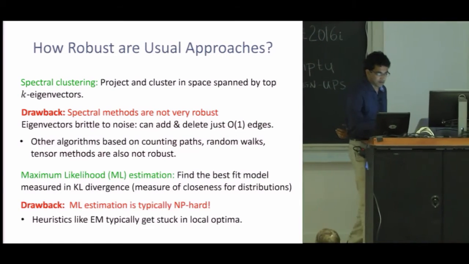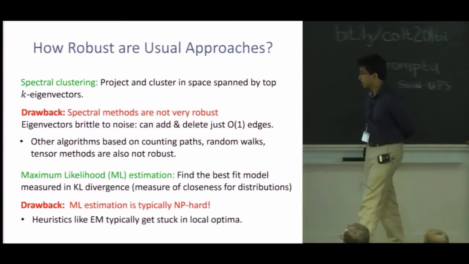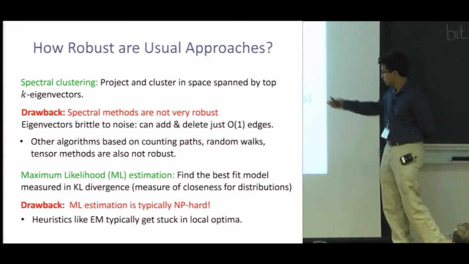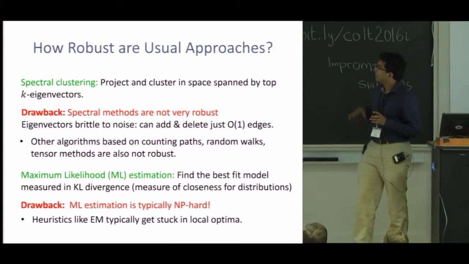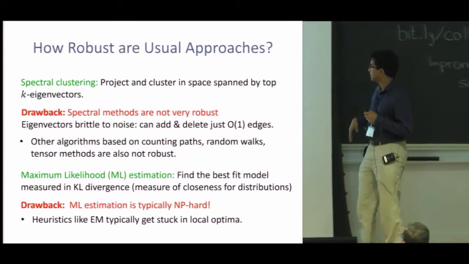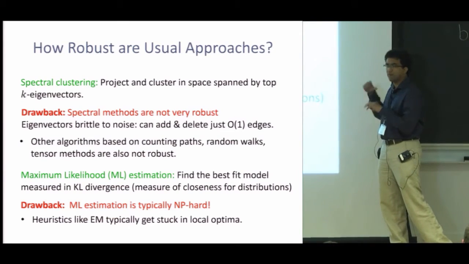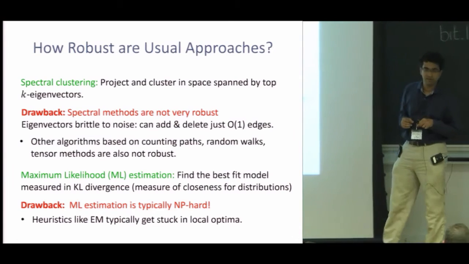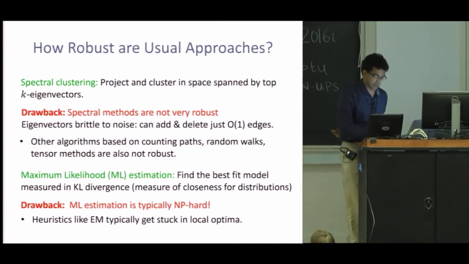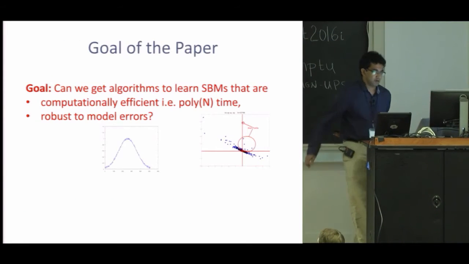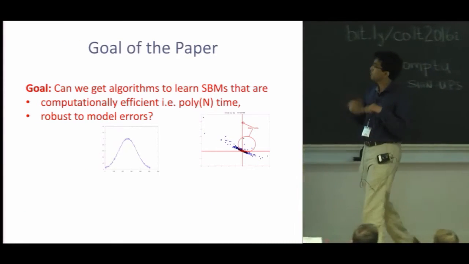On the other hand, statisticians have looked at things like maximum likelihood estimation and various heuristics like expectation maximization for maximum likelihood estimation. One nice property of these methods is that they usually try to find the best fit model measured in KL divergence. But of course these are computationally intractable to find the best maximum likelihood solution. The goal of the paper is to get both.